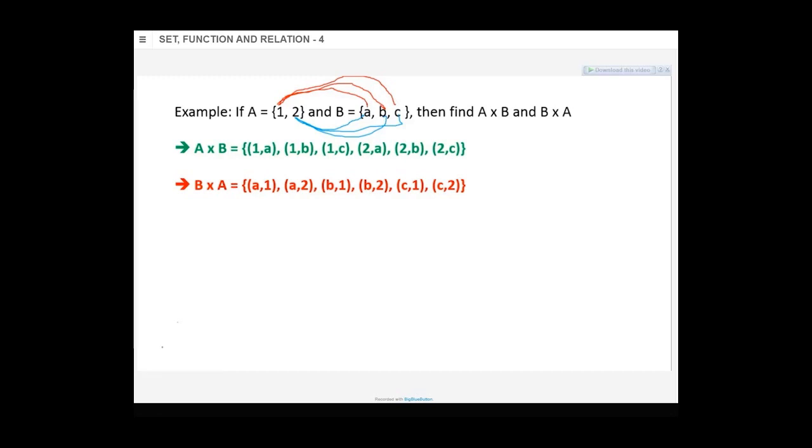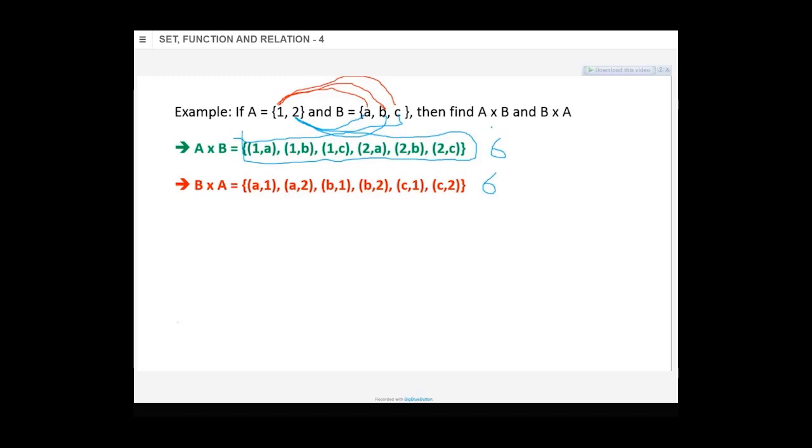Elements of A which is 2, into elements of B which is 3. And here उल्टा लिखेंगे, B into A बोला है ना, तो पहला B के elements लेंगे. B के elements 3 into 2. Any doubt? 6, m into n.